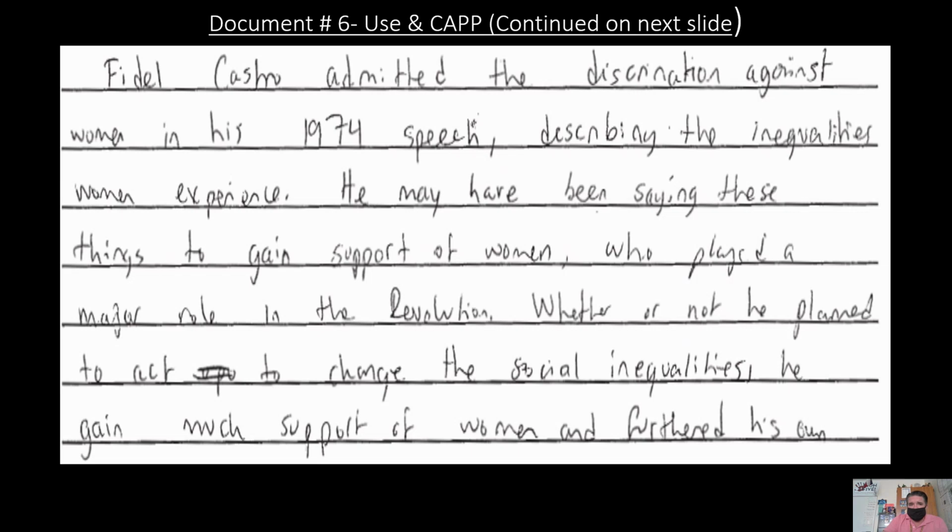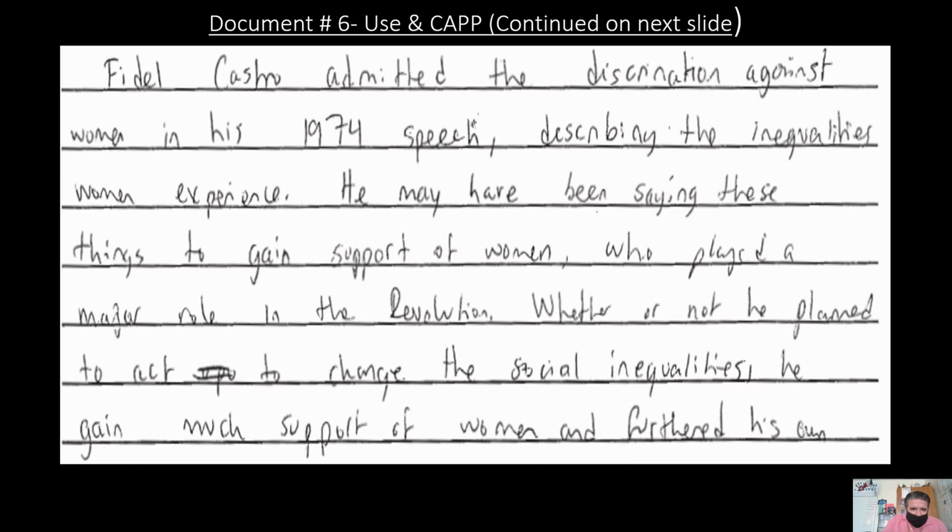"Fidel Castro, in this document 6, admitted the discrimination against women in his 1974 speech, describing the inequalities women experienced. He may have been saying these things to gain support of women." We don't know, but we're speculating, so this would go under purpose. "Who played a major role in the revolution.